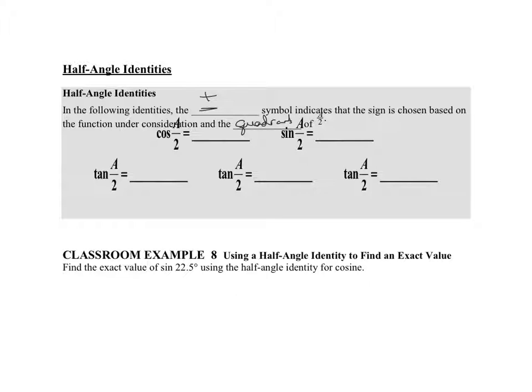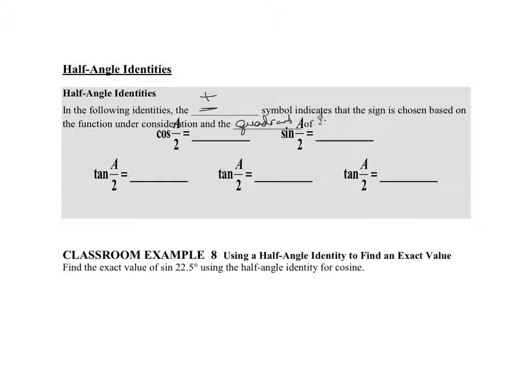Kind of like when we started this lesson, we had to look at the information we were given to figure out the quadrant, and that let us decide what the signs would be for each of the values we were looking for.